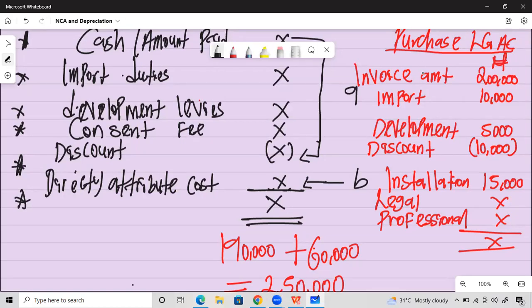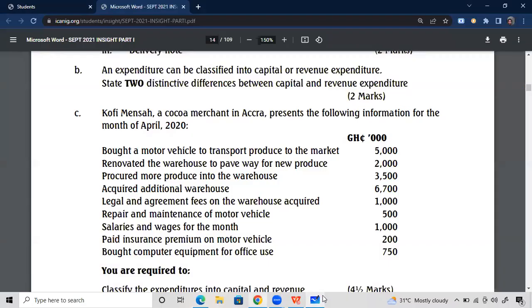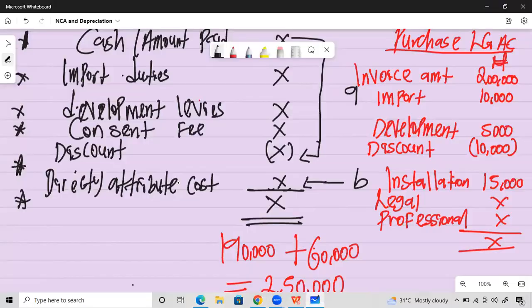So any cost that is here that I'm adding, so that we're able to have this total, is a capital expenditure. So the legal fees that you pay is a capital expenditure. Okay.